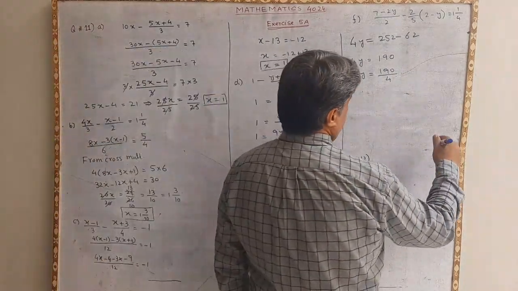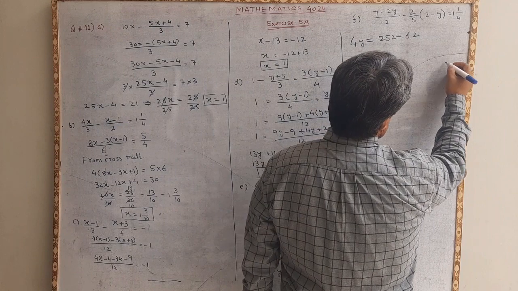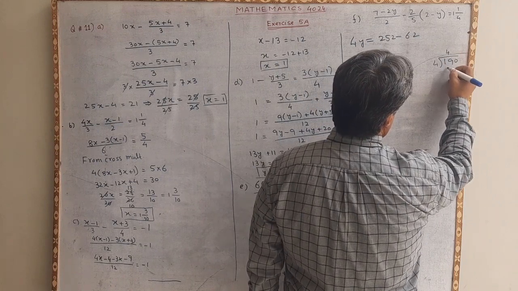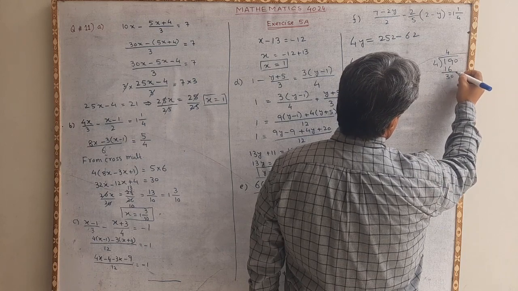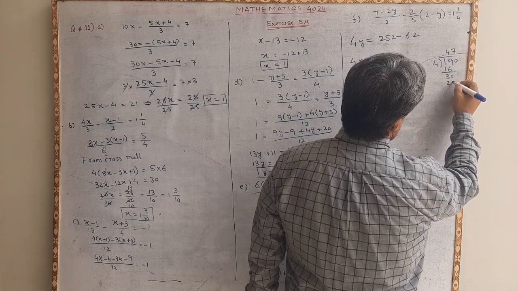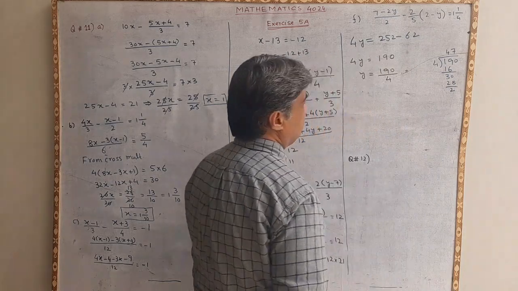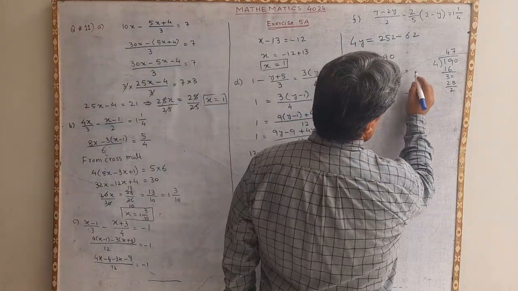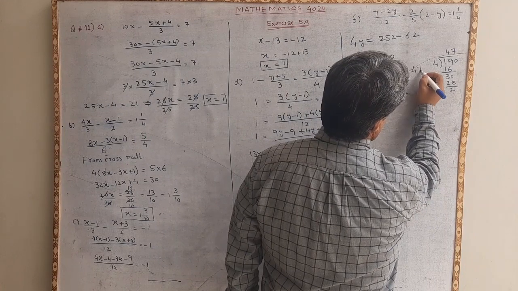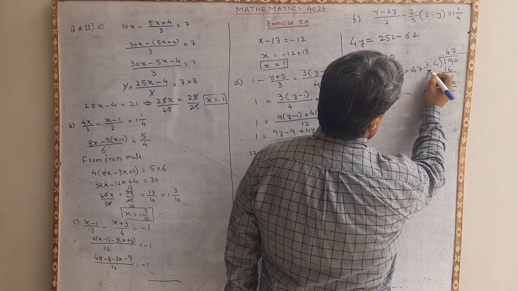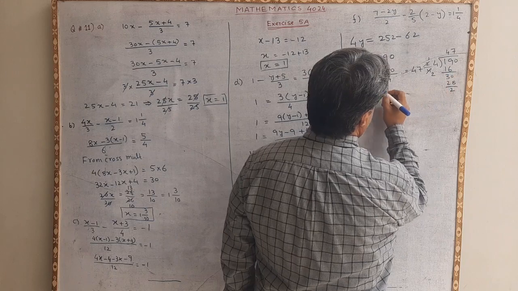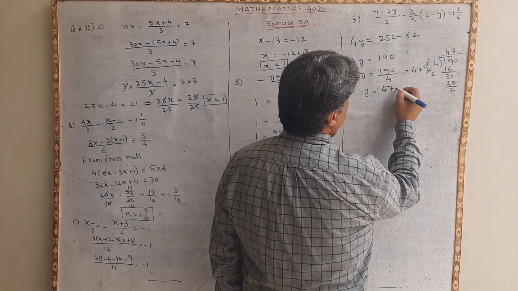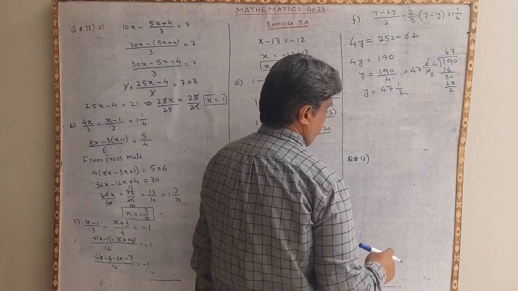So when we divide it, 190 divided by 4, 4 fours are 16, 3 seven are 28, and 2. So either we can cut it here, or then 47 whole 2 over 4. 2 ones are 2, 2 twos are 4. So y will be equal to 47 whole 1 over 2.